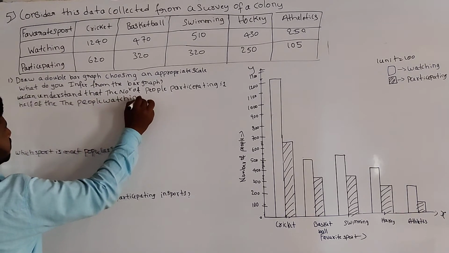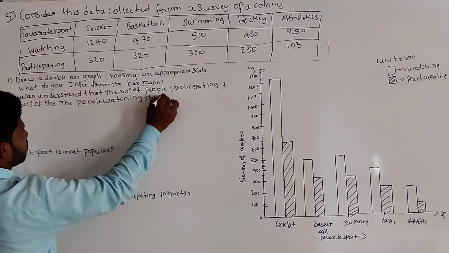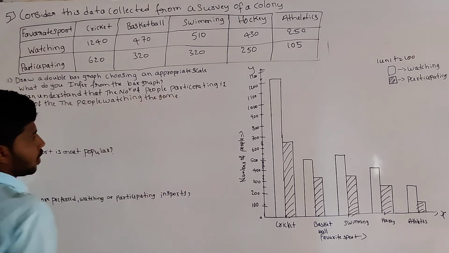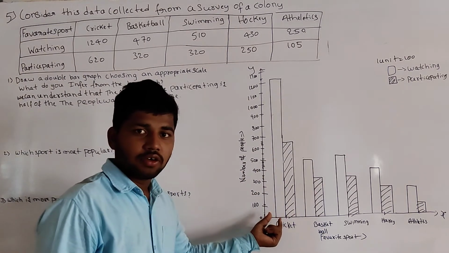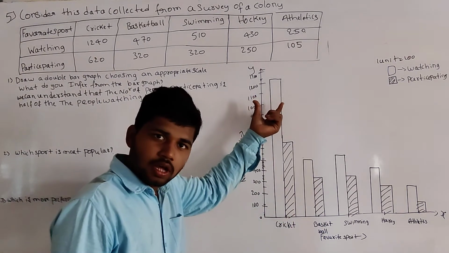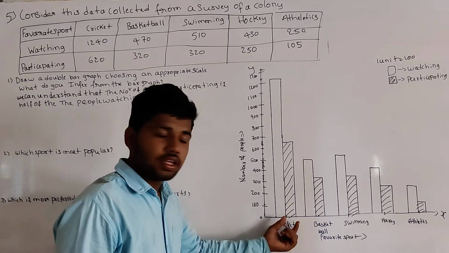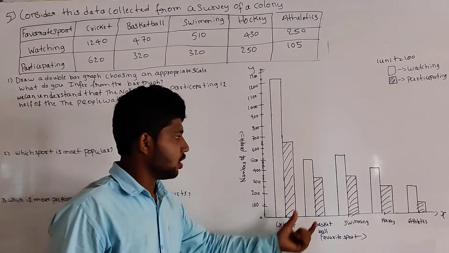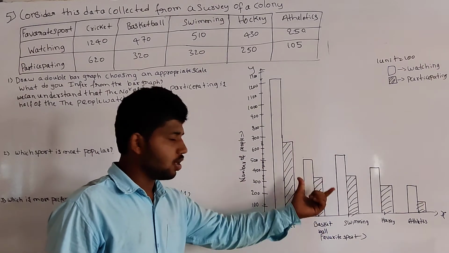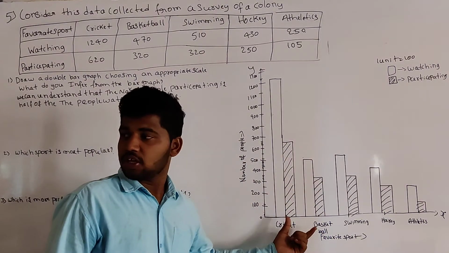Look at each graph. The number of people watching is high, and the number of people participating is half of the watching. See, in every graph, participation is half of the watching.